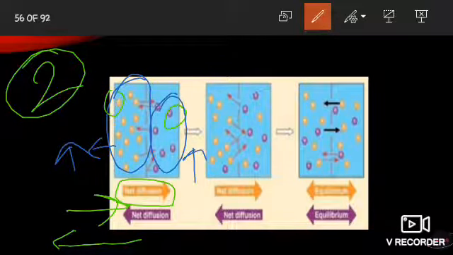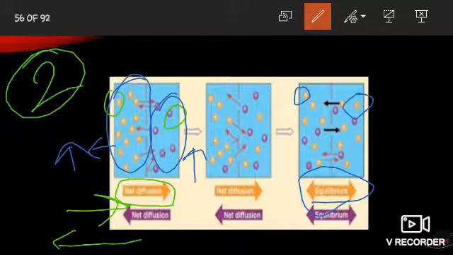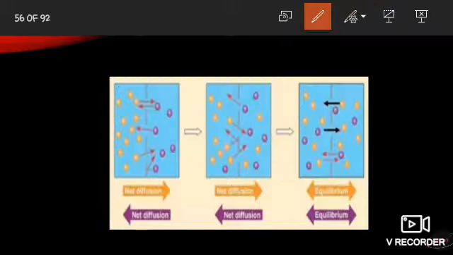So the net movement will be take place until the equilibrium will be achieved. Equilibrium means both sides contain concentration of both type of particle will be the same. That these type of particle will be present on both sides and these type of particle will be present on both sides. So there will be equal amount or equal concentration will be present on both sides of the cell.